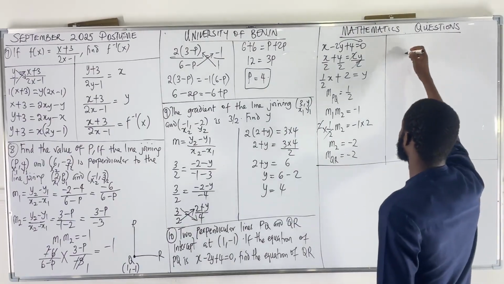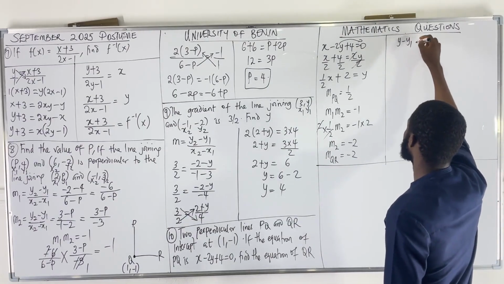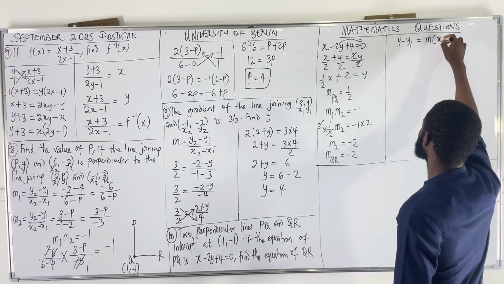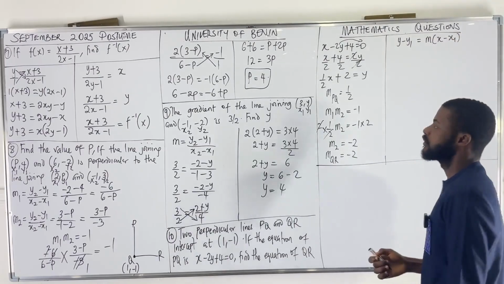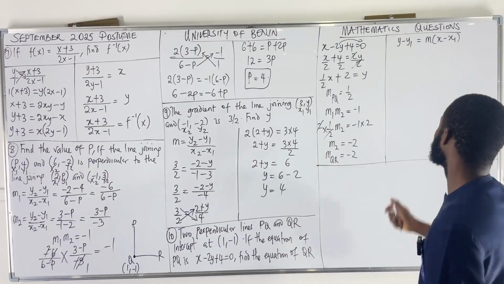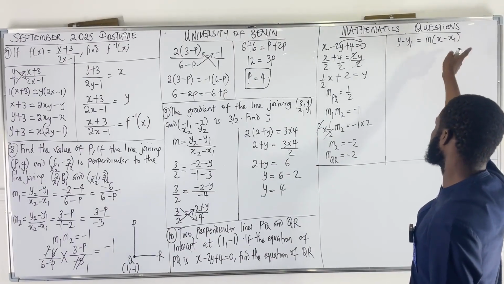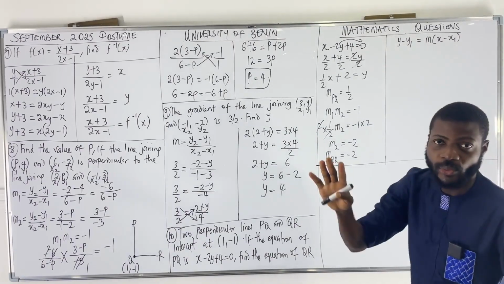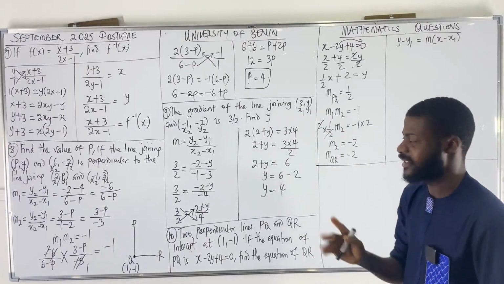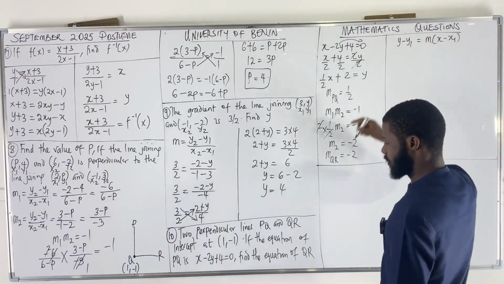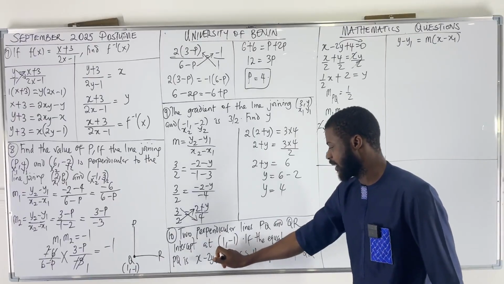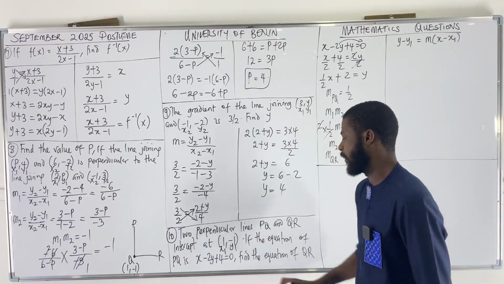To find the equation of a line, we're going to say y minus y1 equal m brackets x minus x1. It's still the same, please. I just did it straight. But this formula is still the same with the one you know. So do not be confused. So this is the point where they pass. This will be x1, y1.